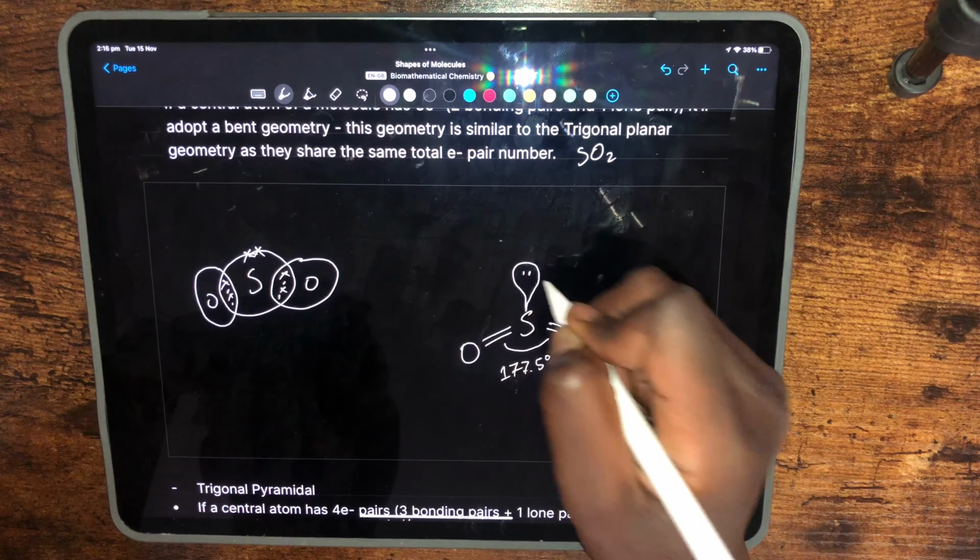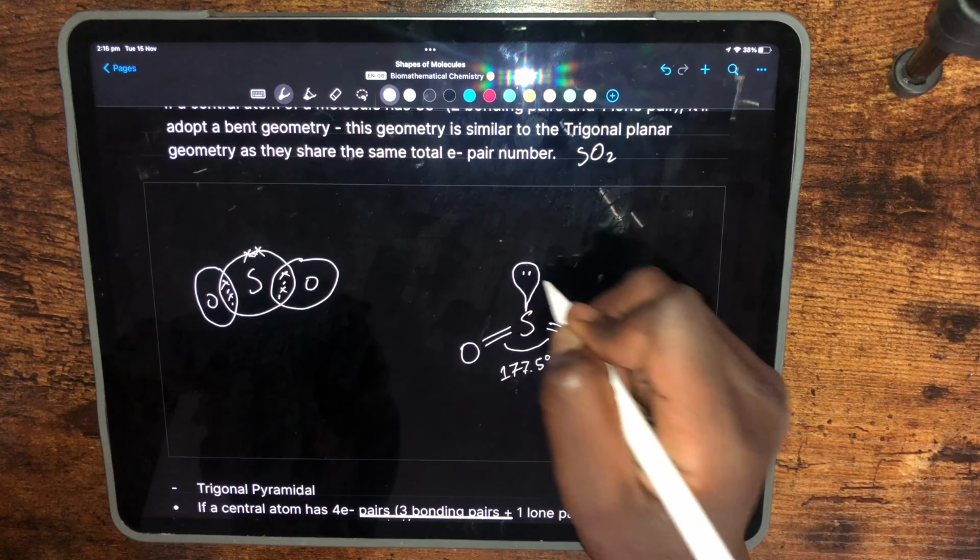Right. The idea is that this lone pair here causes stronger repulsion to bonding pairs than bonding pair repulsion. Because you see before, when I had the first example here of linear, in order for the bonding pairs to be repelled as far away from each other as possible, they have to be 180 degrees from one another, because there's no lone pair.